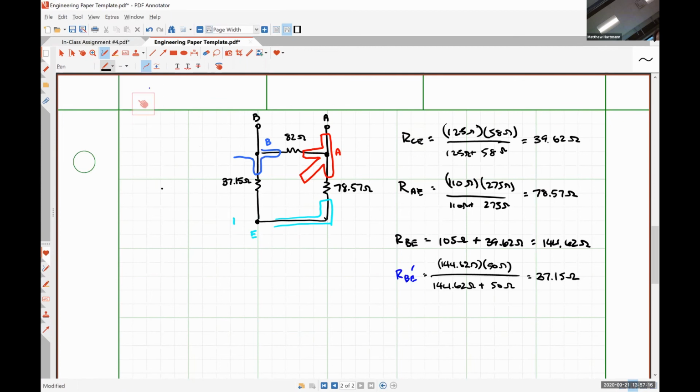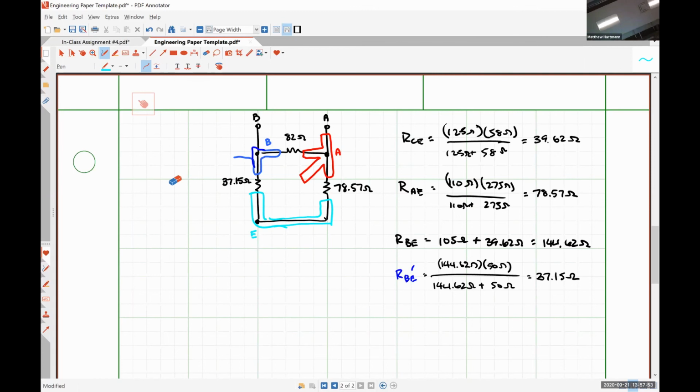And so what's our next combination that we can make? Absolutely, because they share node E, and node E doesn't branch off anymore, right? So that means that the 37.15 and the 78.57 are in series.